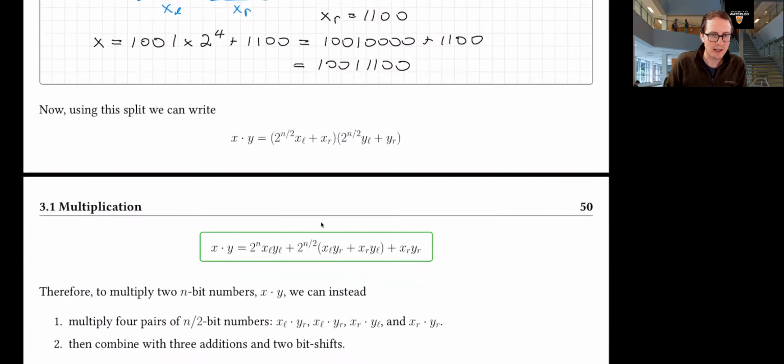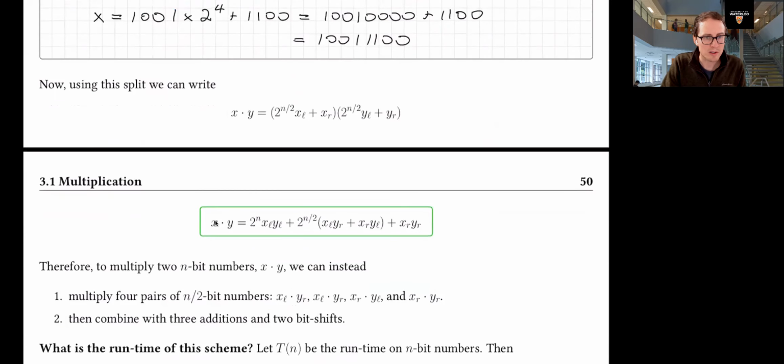And so you can see then, on the left-hand side is 2 n-bit numbers being multiplied, and each of these on the right are n over 2 bit multiplications.